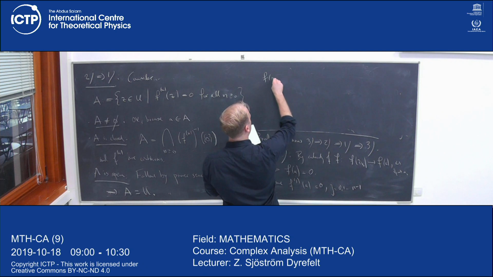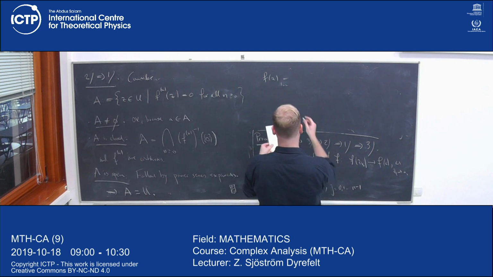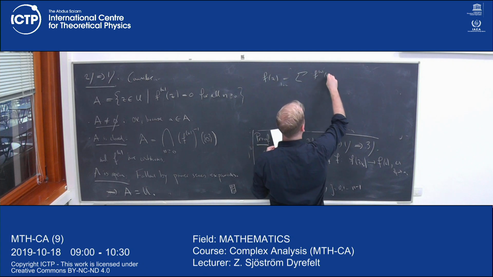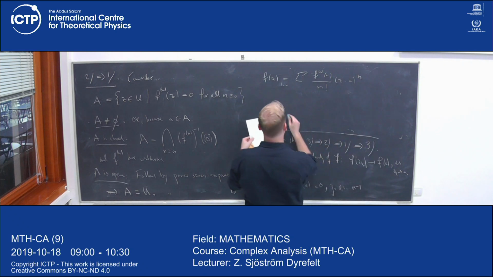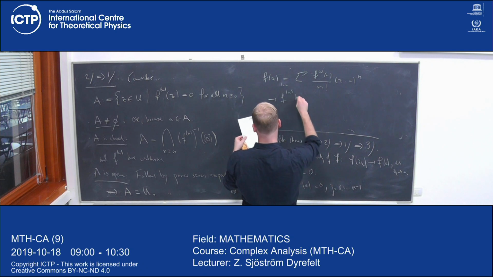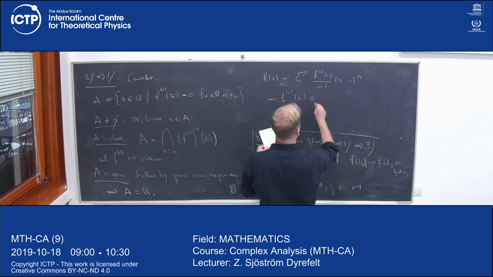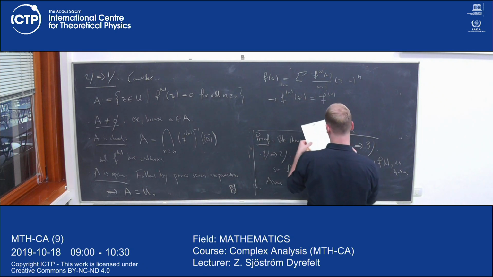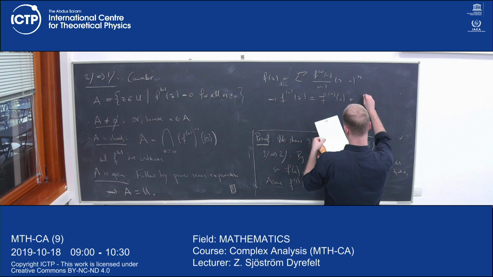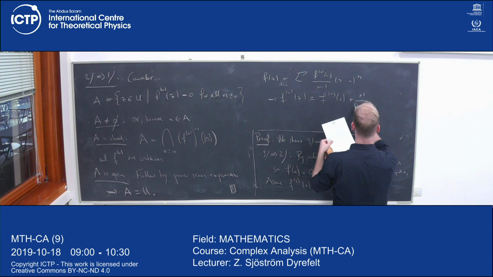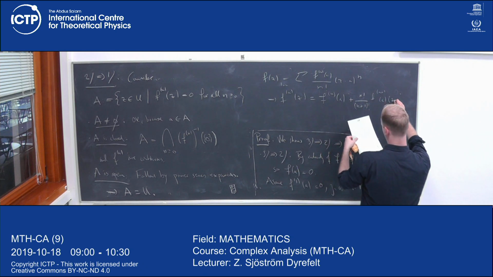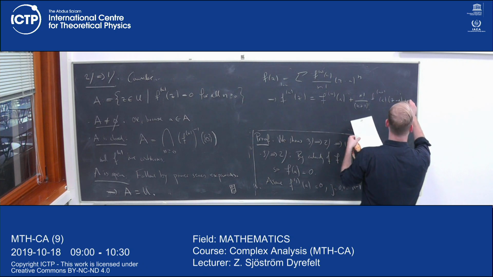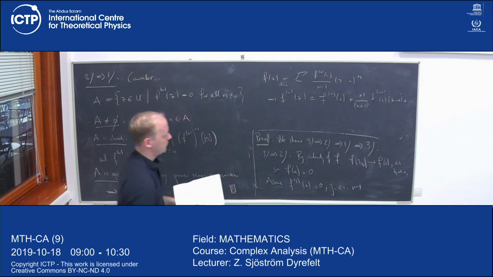It means that f(z) is locally equal to the sum of f^n(a) over n factorial times (z minus a) to the n, which implies that f^n(z) is equal to f^n(a) plus f^(n+1)(a) times (z minus a), plus all these things.